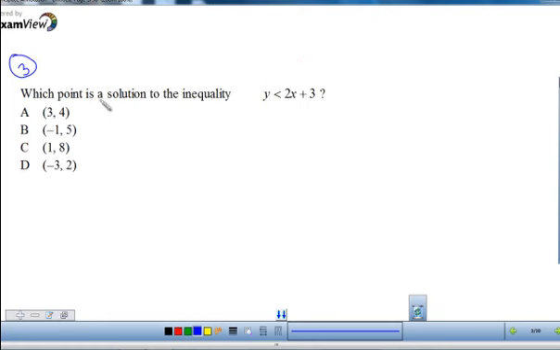Number 3 says, which point is the solution to the inequality? Now, there's 2 ways to do this. You can either substitute the numbers x and y into the equation and see which one is true, or we can graph, which is what we're going to do. We're going to graph and see which is the point to the solution.